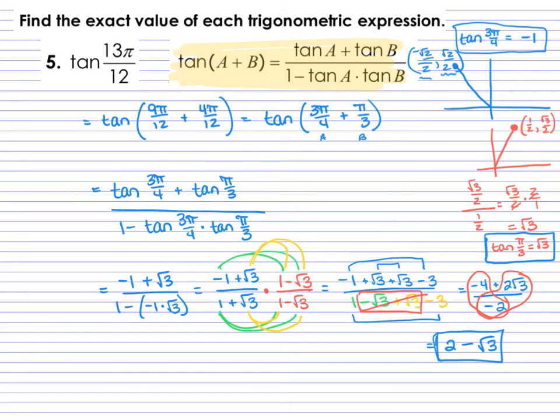Then once I plug everything in, I've got a lot of algebra to go through as well, remembering the rules of complex conjugates and rationalizing denominators, and how to simplify fractions. So there are a lot of steps, but really the trig part of this is being able to take my original angle, separate it into two that I can find on the unit circle, and then understand what those values are on the unit circle. So hopefully that's making a little bit more sense for you.